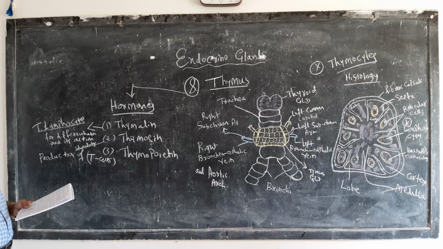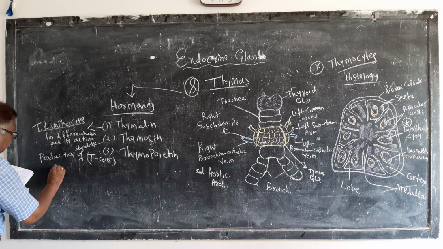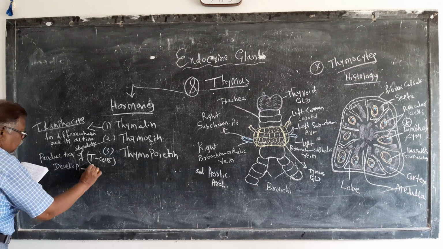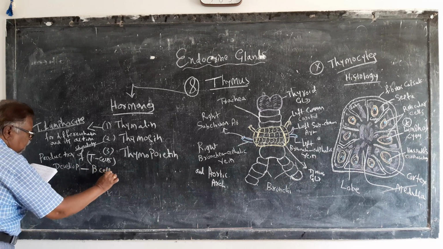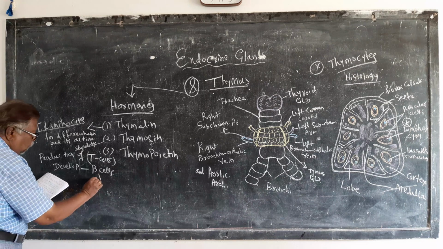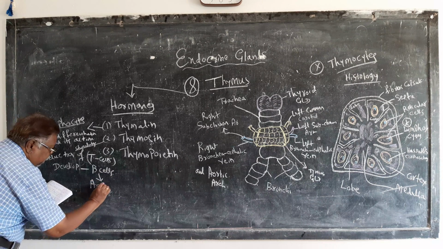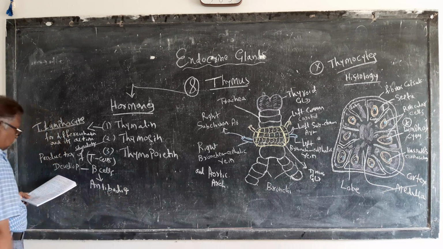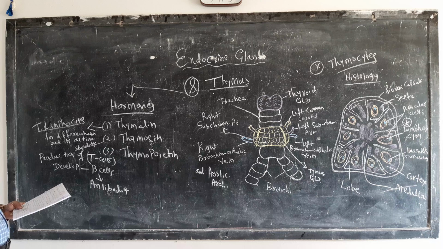It also assists the development of B cells into plasma cells to produce antibodies. This helps in the production of the antibodies.